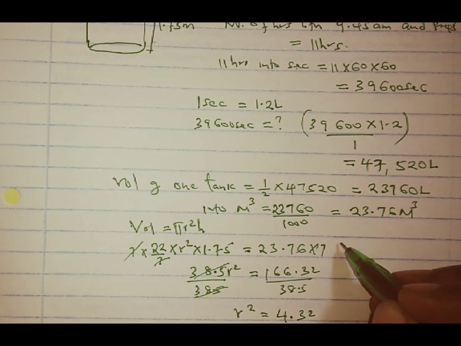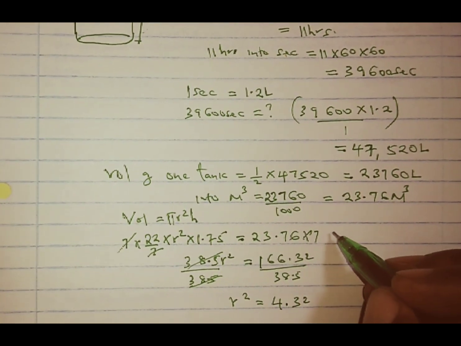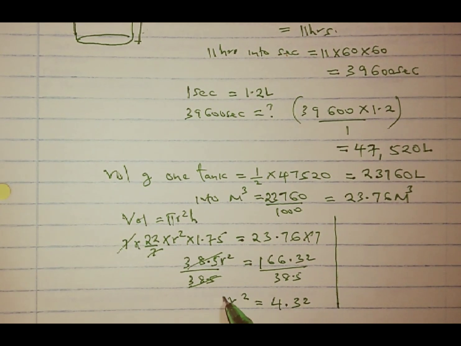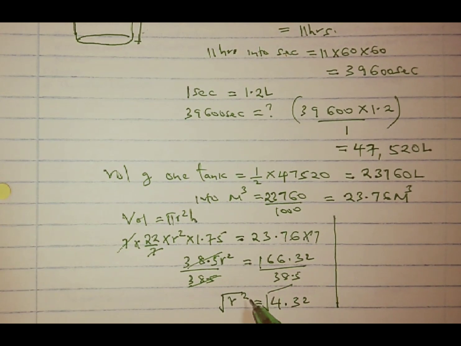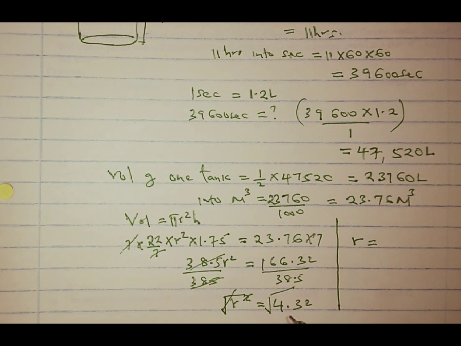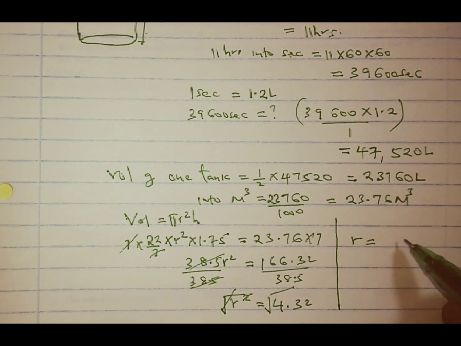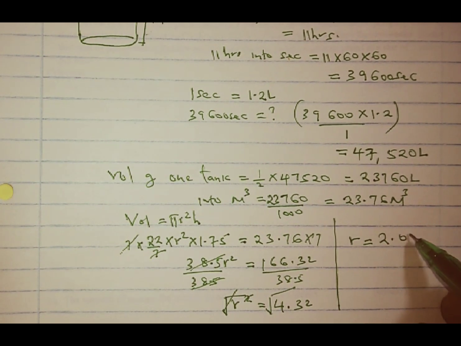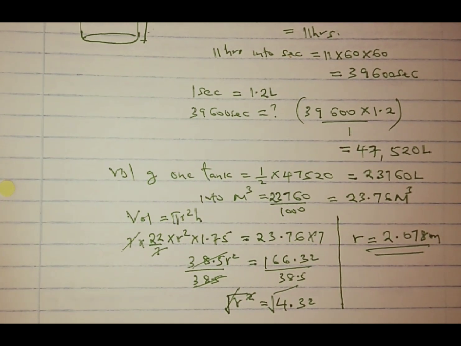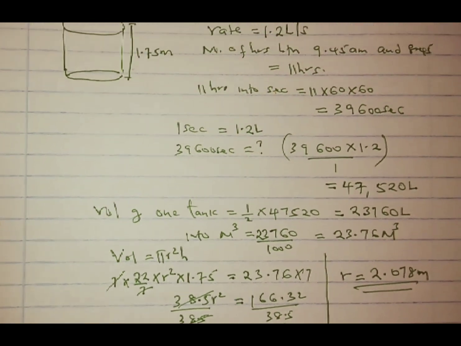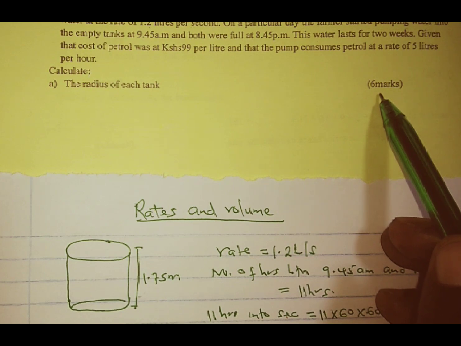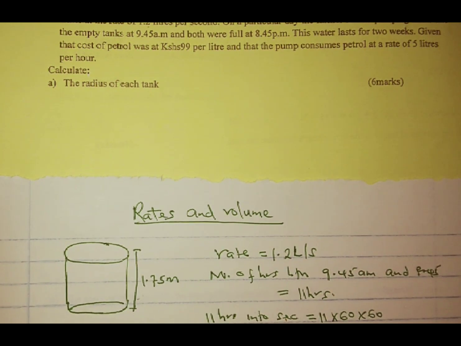From there we can proceed and get the radius. For us to get the radius, we take the square root on both sides. The square and the square root goes, and the radius is going to be equal to the square root of 4.32, giving us 2.078 meters. And by so doing, you would have worked out this particular question for you to score 6 marks in our first part of this question.